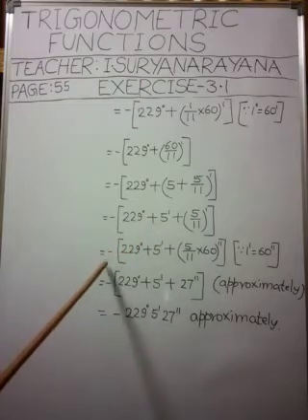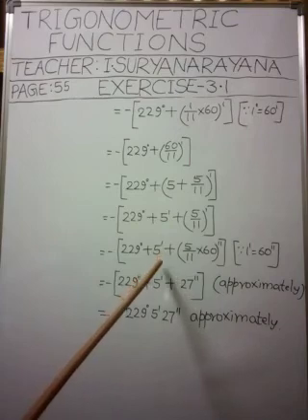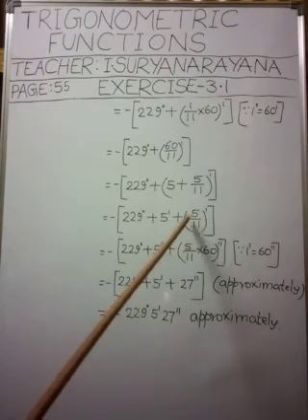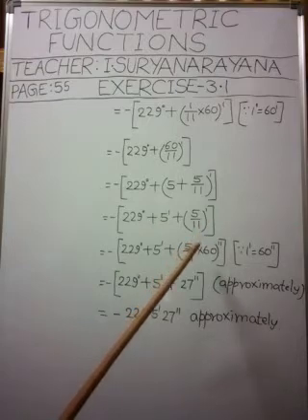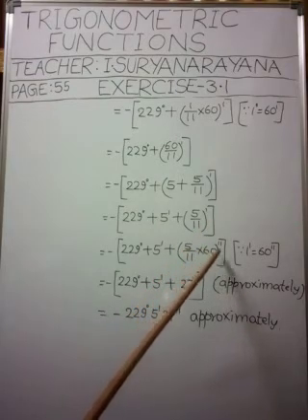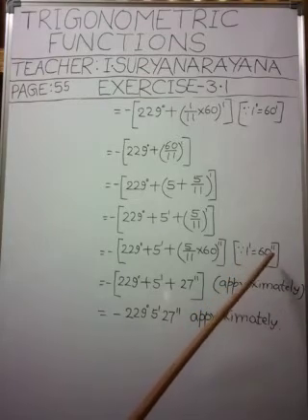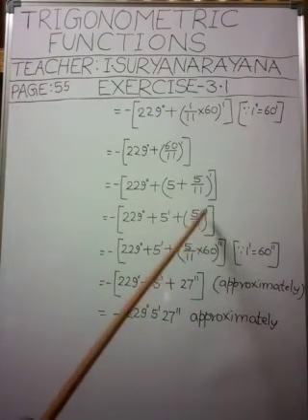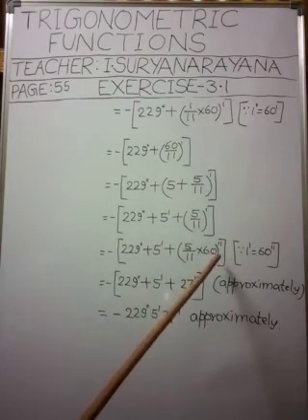That is equal to minus of 229 degrees plus 5 minutes plus, here we are converting this minutes into seconds. So 5 by 11 into 60 seconds, because 1 minute is equal to 60 seconds. So we have converted these smaller units into seconds. Understood this part?